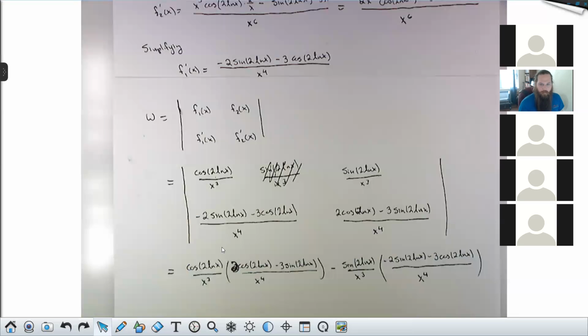Okay, so we could try to evaluate this in general. This is the point. I see now. If you want to know exactly what your Wronskian is, that's great. You can do that. But remember the theorem we have.